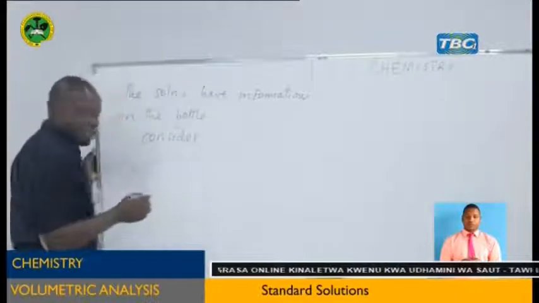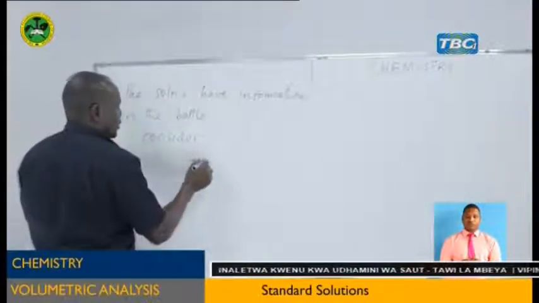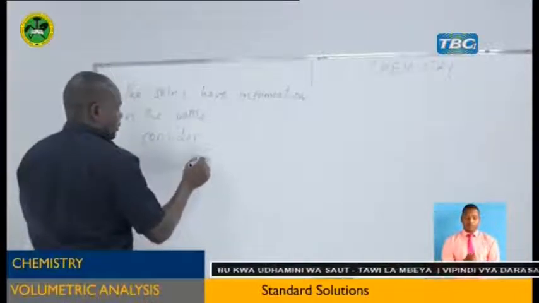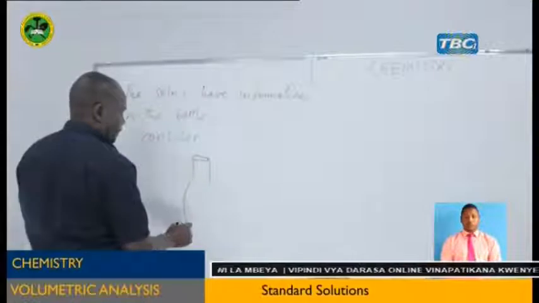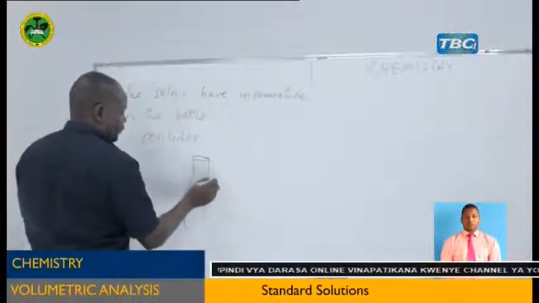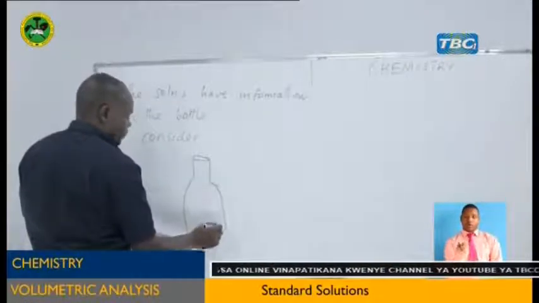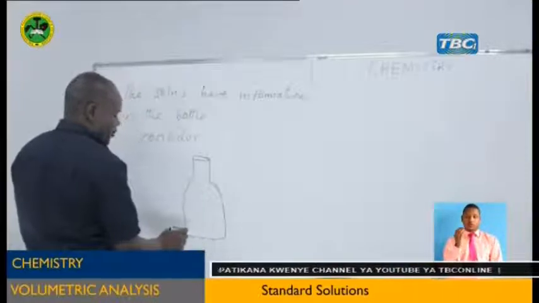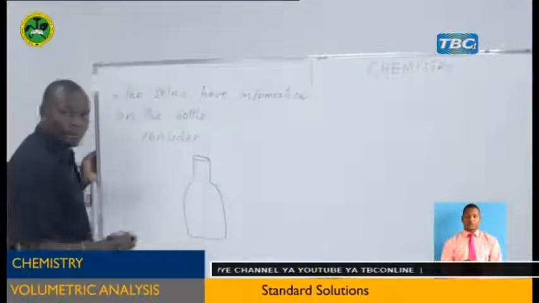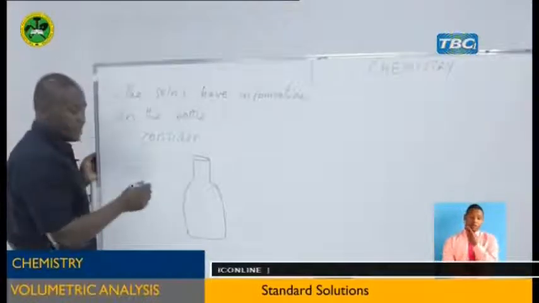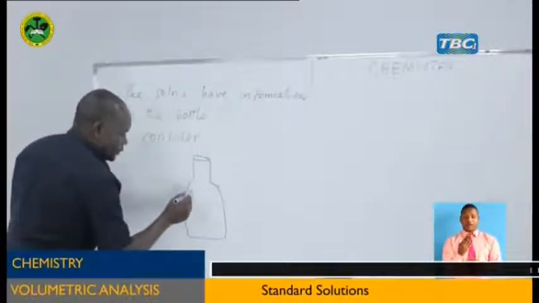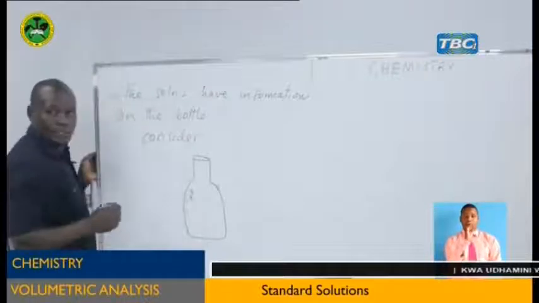Let us consider, let's say you have a bottle of sulfuric acid, which is our stock solution. Normally, this bottle will have the following information. We have the percentage purity of the acid.